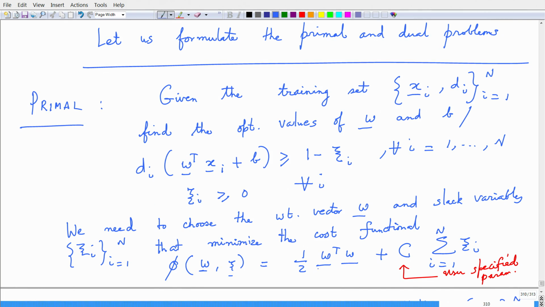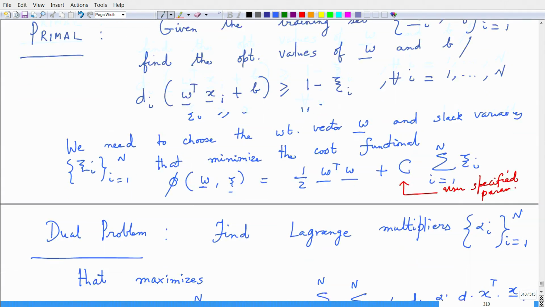Whereas in the case of the linearly separable case, we never had the zeta i's, we just had half of W transpose W, and that was our objective, and we were supposed to minimize that objective subject to some constraints. Here our objective itself has two components. One is this convex function of W, which is half W transpose W, and another term which depends on the slack variables zeta I, that in some sense minimizes the number of misclassified points averaged over all these data sets.